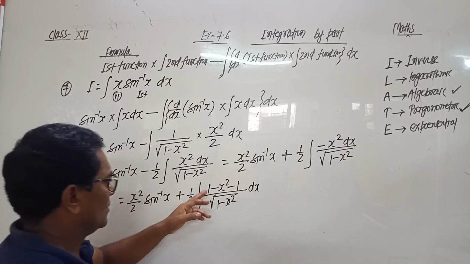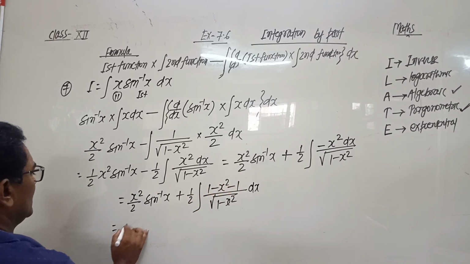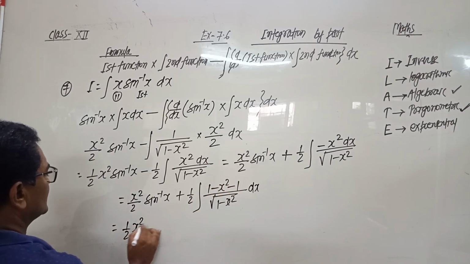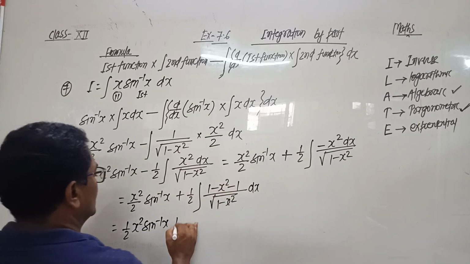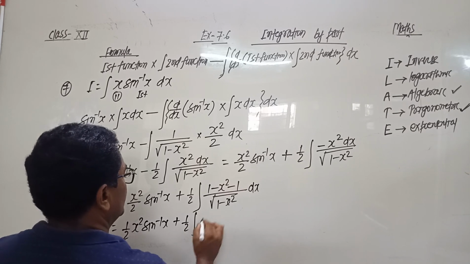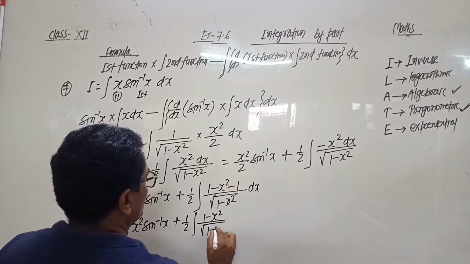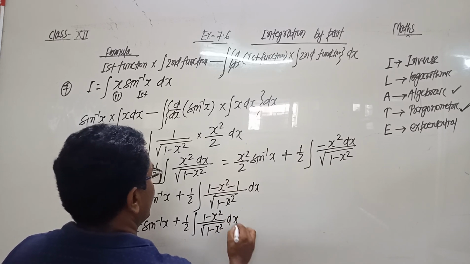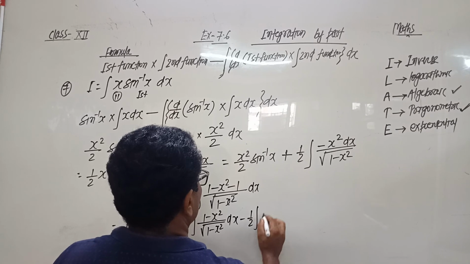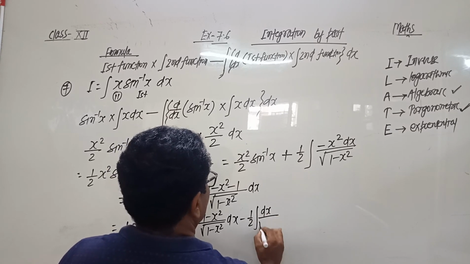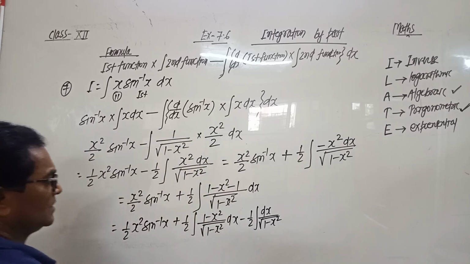What we do is adding 1 and subtracting 1. Then it gives 1 by 2 x square sine inverse x. Then separate both the terms. So plus 1 by 2 integration of 1 minus x square upon root 1 minus x square dx, and plus minus becomes minus 1 by 2 integration dx upon root over 1 minus x square.